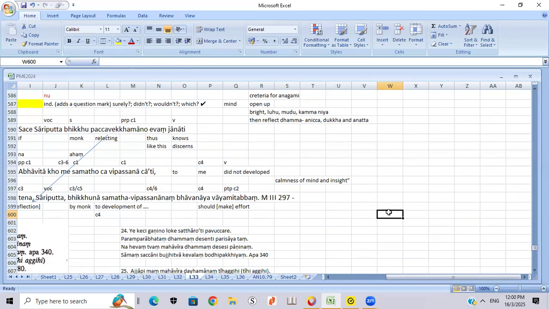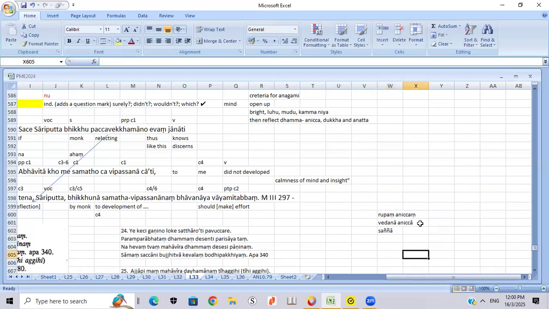That is reflection, you know. Then you take all the five aggregates. You take this as reflection. Vedana anicca. Neuter now, feminine now. Sanya anicca.